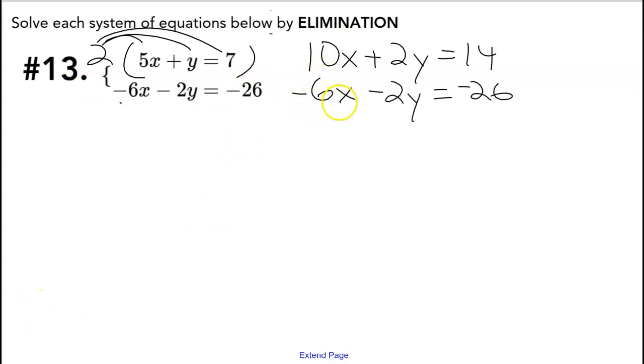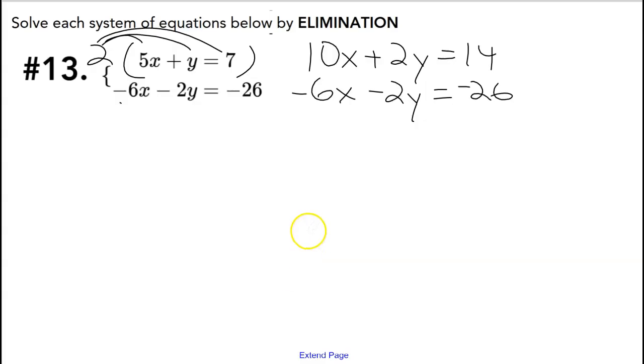Negative 6x, negative 2y, equal negative 26. Alright, now, and the reason we call this elimination is because we can eliminate one of the terms. That's the reason why you have to get the same number, opposite signs. That way we can eliminate this, and what we have left over, we can solve for just one variable.